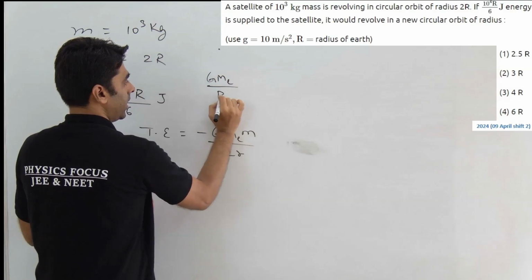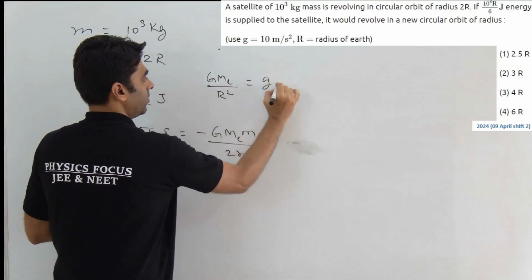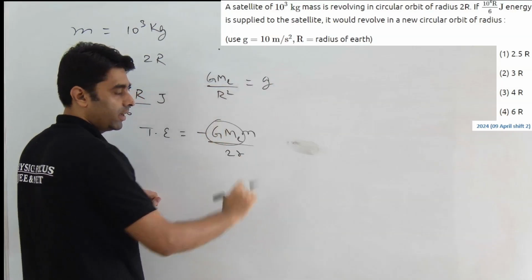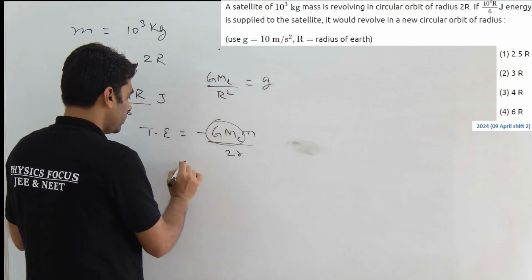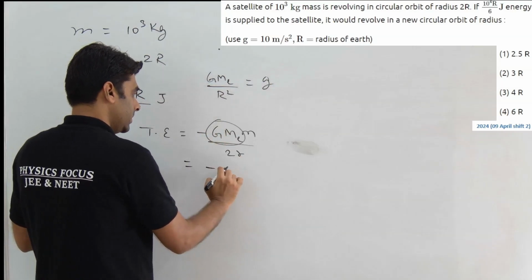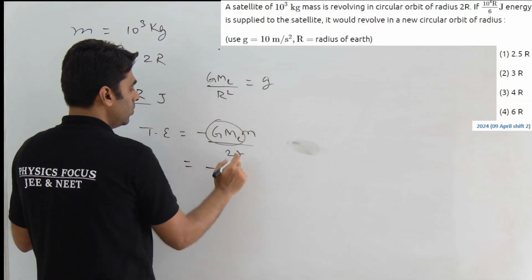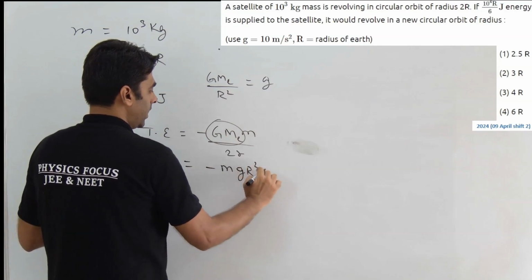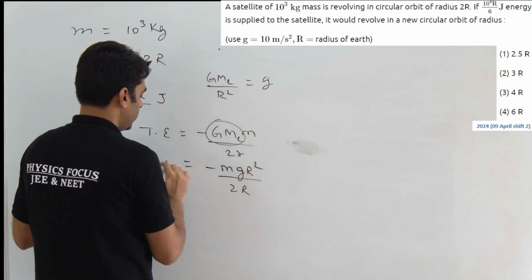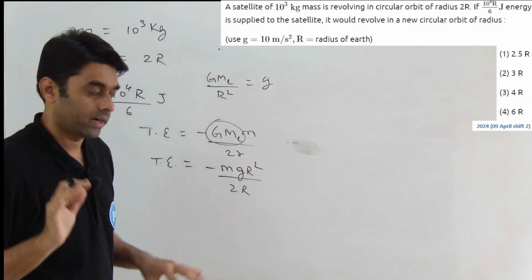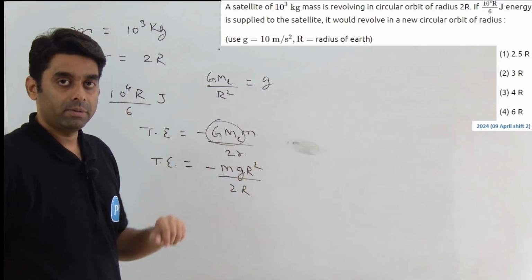GME by r square is small g, so GME can be written as small g into R square. Therefore I can write minus small m, the mass of the satellite, into g capital R square by 2r. This is our total energy in terms of small g and mass of satellite. Keep this in mind. It will be helpful to us.